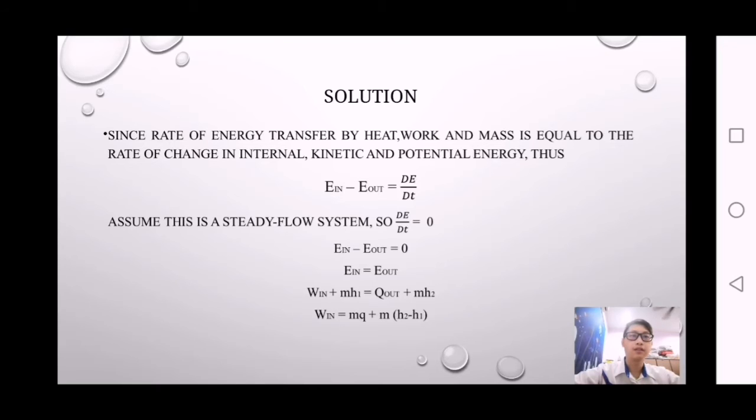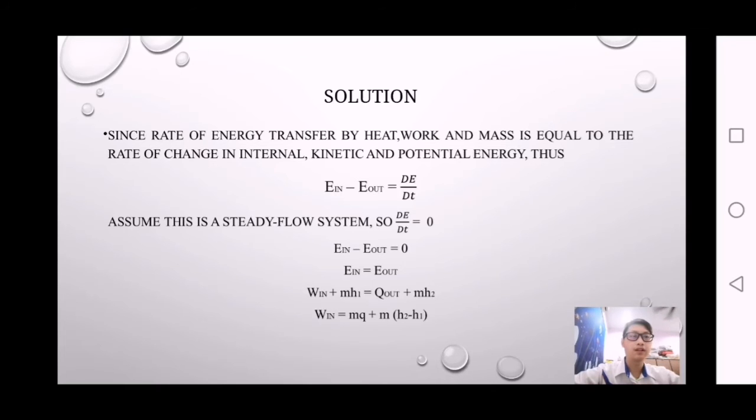Since we are assuming the system is a steady flow system, the rate of change in the system equals 0. The energy input minus the energy output equals 0. So we will get the energy input equals energy output.